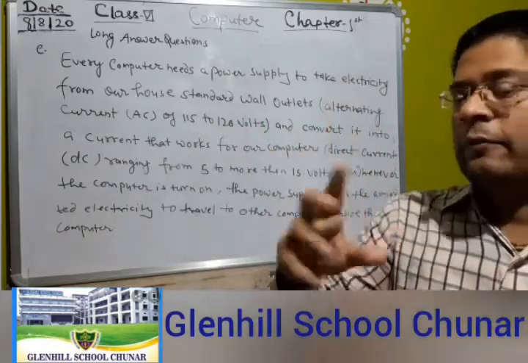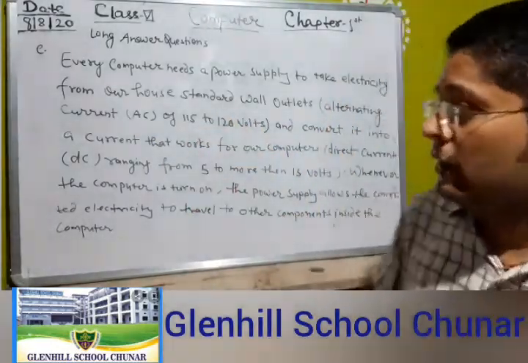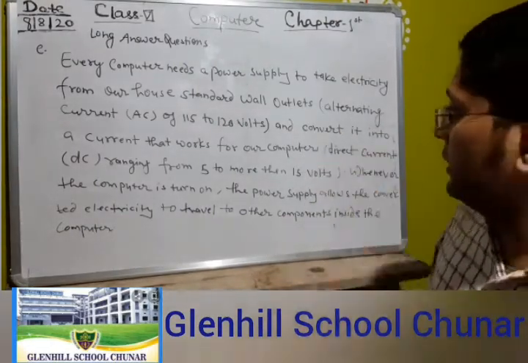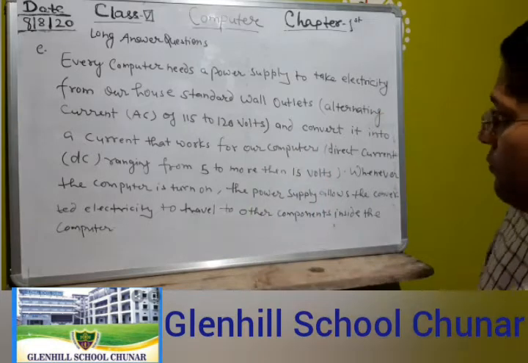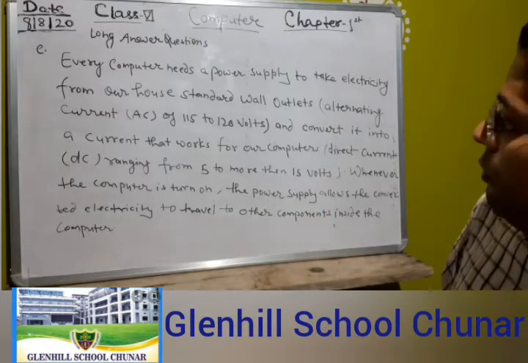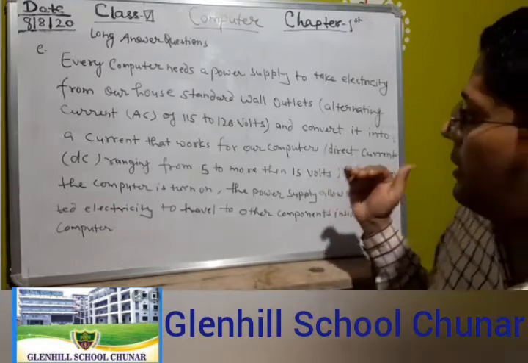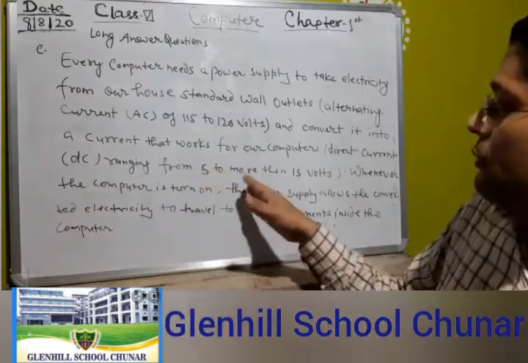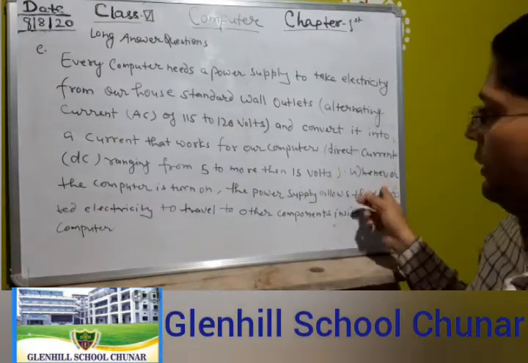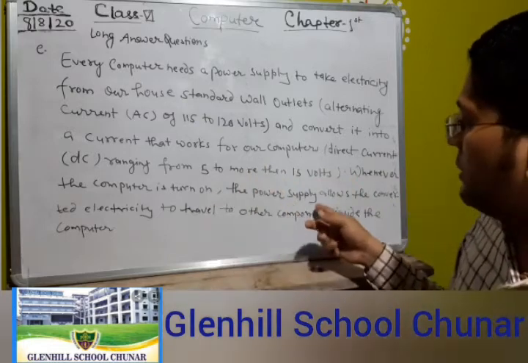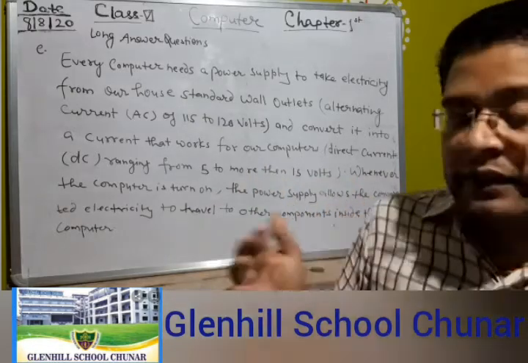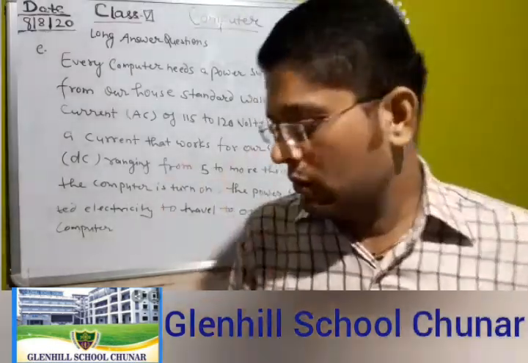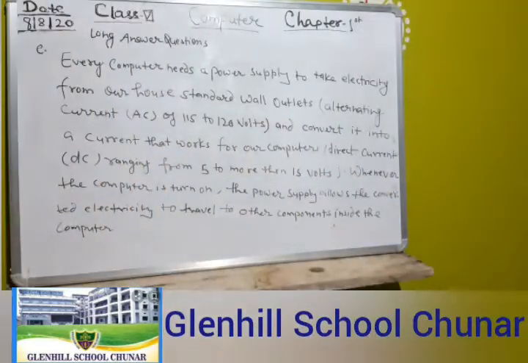That means AC is an alternating current of 115 to 120 volts, and converts it into a current that works for our computer, direct current, that means DC, ranging from 5 to more than 15 volts. So whenever the computer is turned on, the power supply allows the converted electricity to travel to other components inside the computer. Okay, students? So please write that answer.